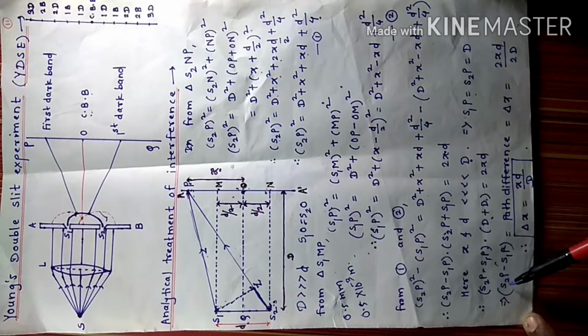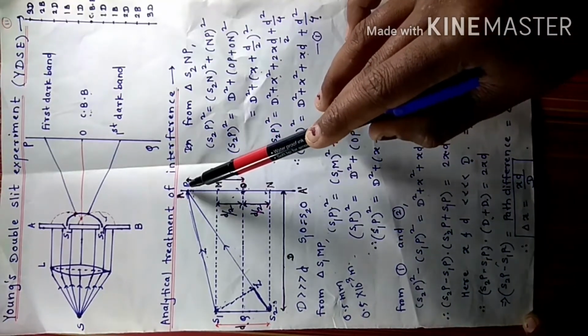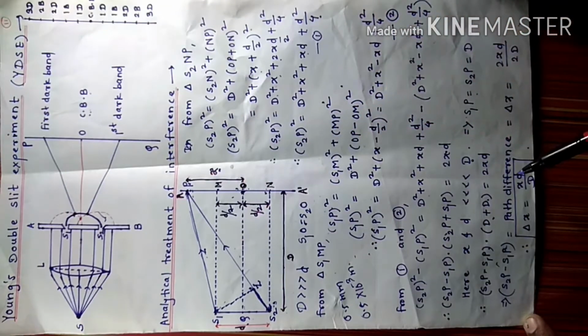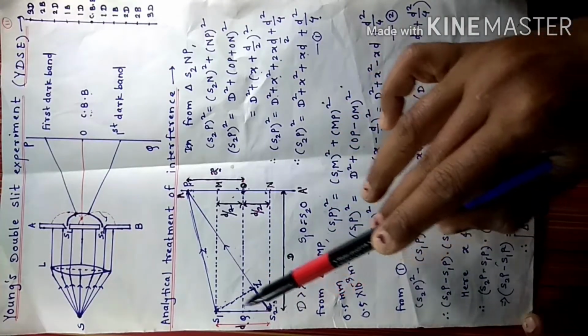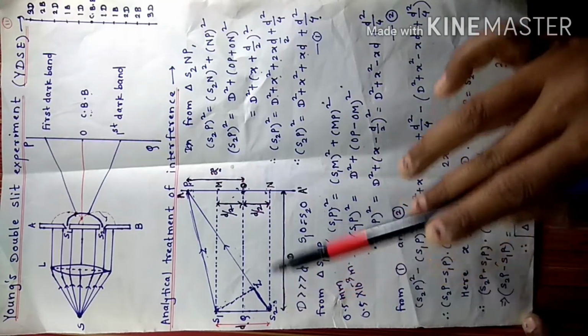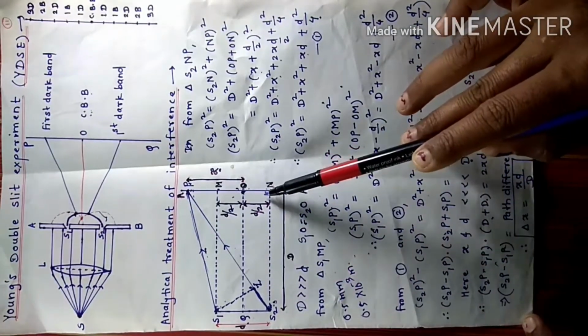So finally we found S2P minus S1P, the path difference, equals xd upon capital D, where x is the distance of the point P from the central bright band, small d is the distance between the two coherent monochromatic sources of light, and capital D is the distance between the two sources and the screen.